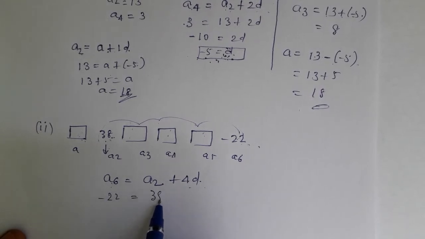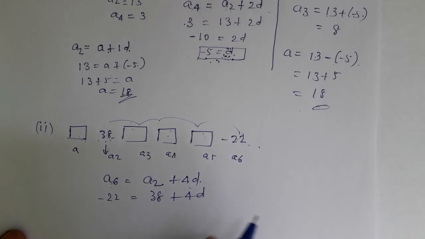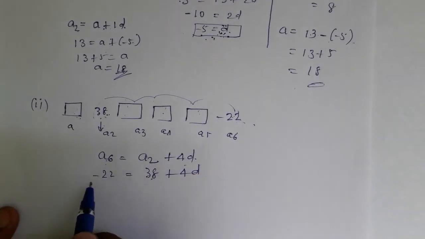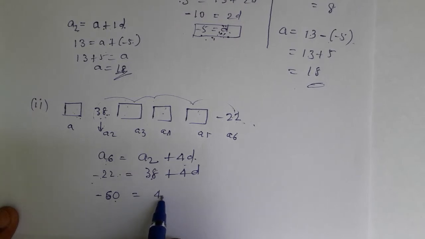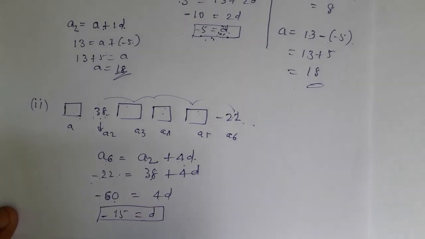Second term 38 plus 4D. Now 38 brought this side, minus 22 minus 38, it becomes minus 60, equals 4D. 4 brought this side, it becomes division. 60 by 4 is 15, minus 15. So we got the difference, minus 15.